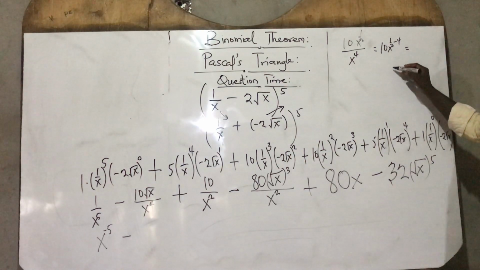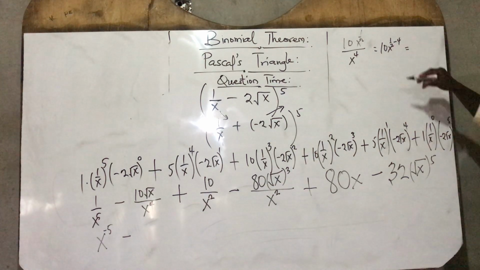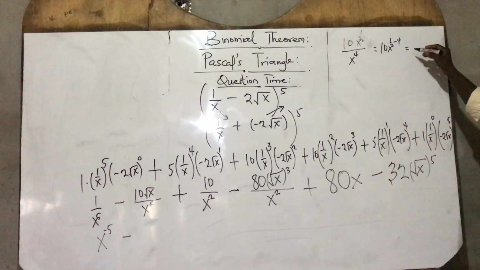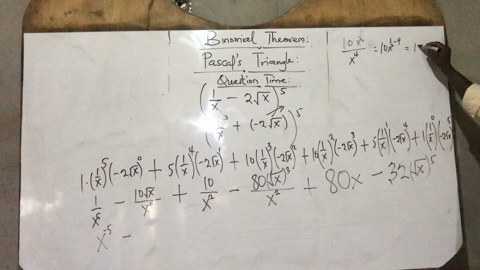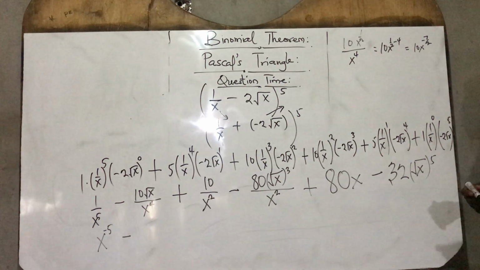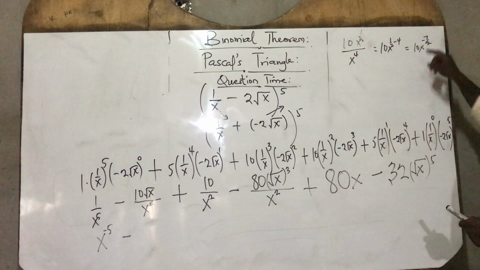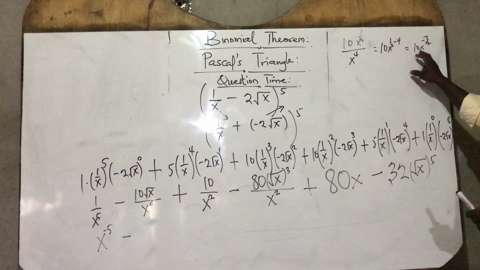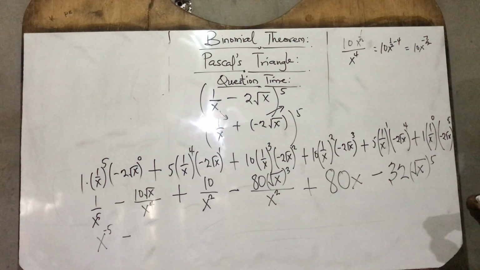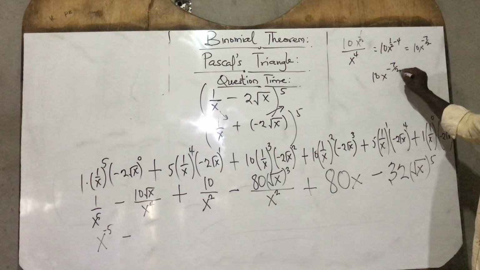So I have 2, 4, 8, so 1 minus 8, which is minus 7, right? So I get 10x to the power minus 7 on 2. So 10x to the power negative 7 on 2.